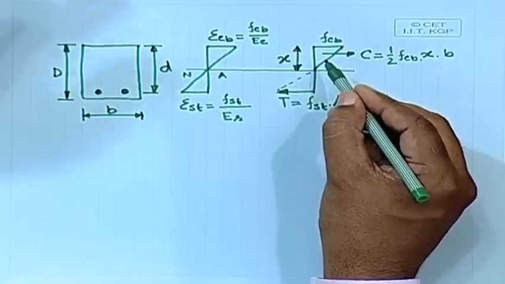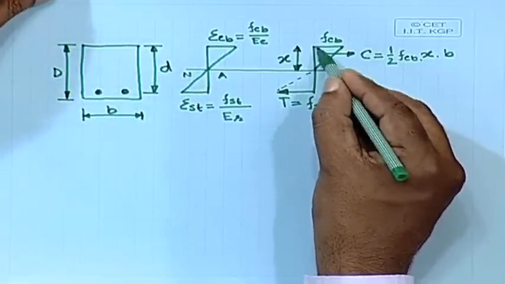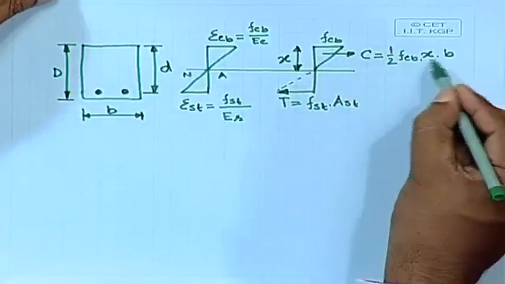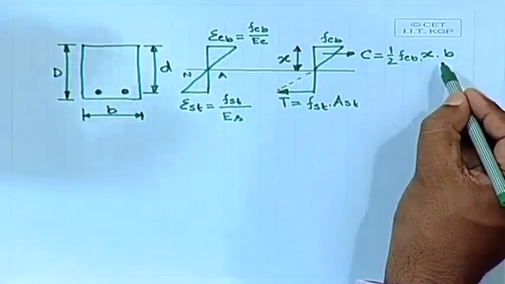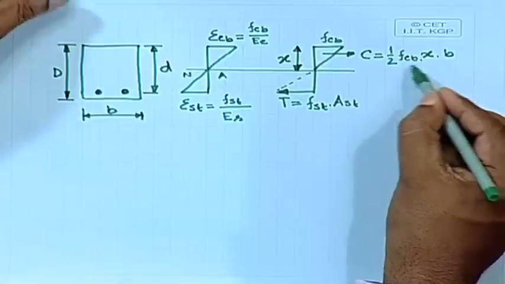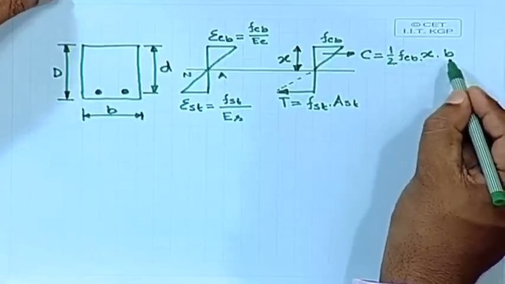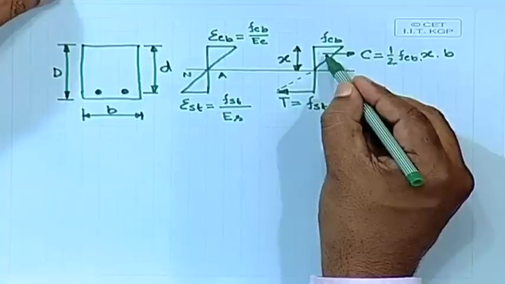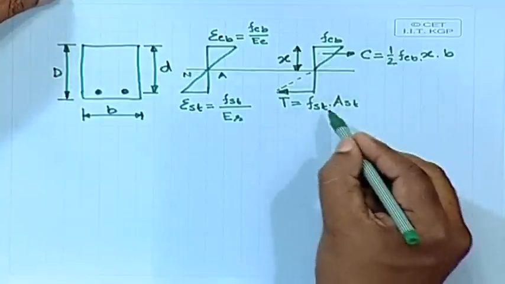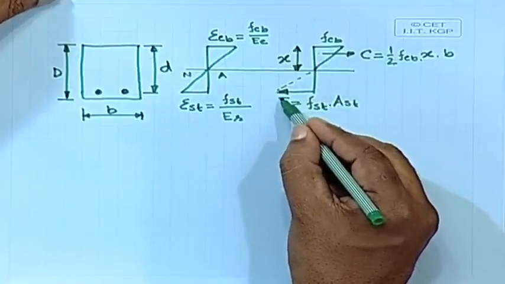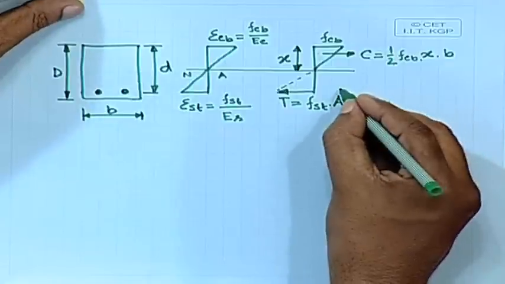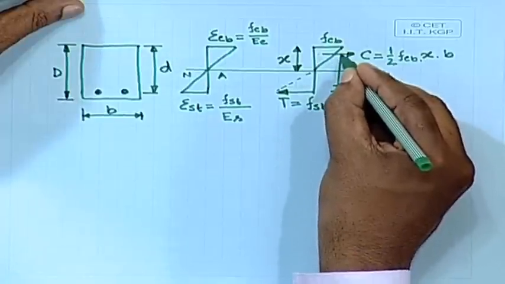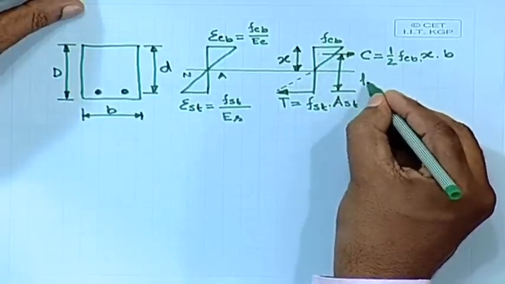This is nothing but a right angled prism, and we have to consider the volume, which will give you the compressive force. So, half FCB times x times the width of the beam is the total compressive force here, okay, and the tensile force is here, and this length is the lever arm.